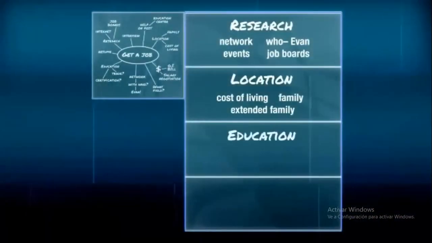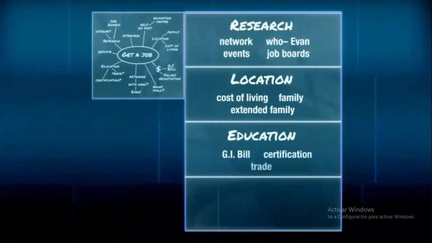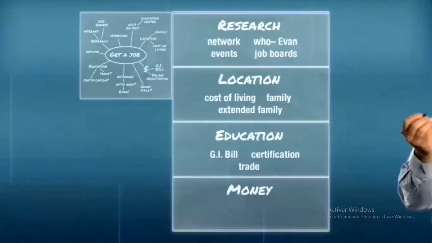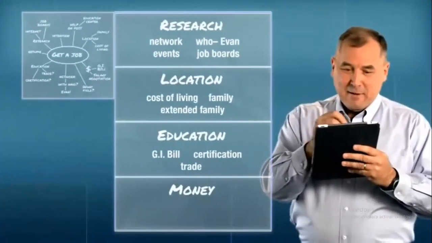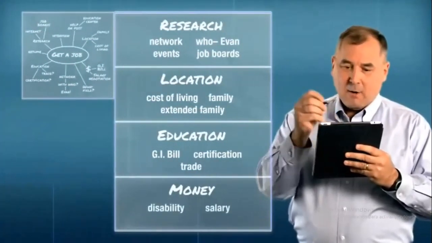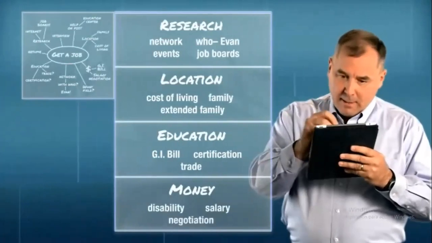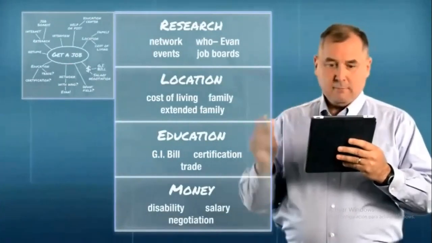Let me write down education. GI Bill goes under that. Certification or trade goes under that. Let's see what's left. How about money? Money, yeah, that's important. Under that goes disability, salary, and salary negotiation.